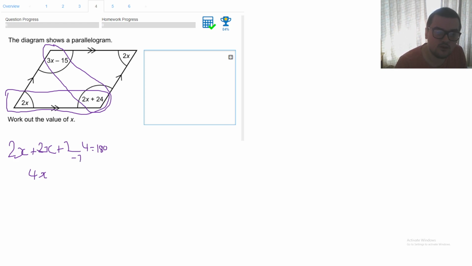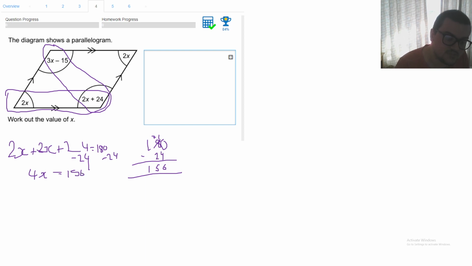We're going to subtract 24 off both sides. 180 minus 24, pinch 1 off the 8 becomes a 7, 1, 10 minus 4 is 6, 7 minus 2 is 5, 1 minus 1 is 0. So we have 156. And now to solve for x, 4, long division, 1, 5, 6.